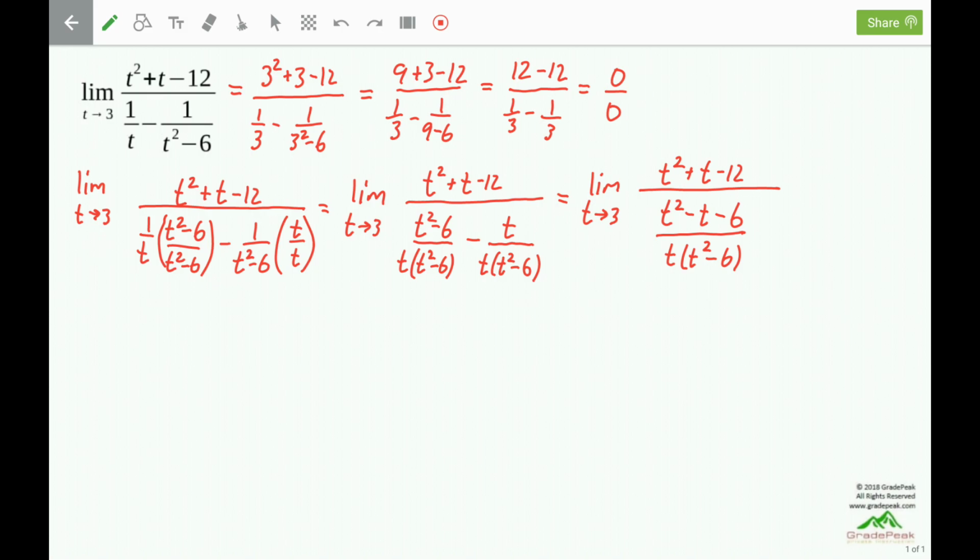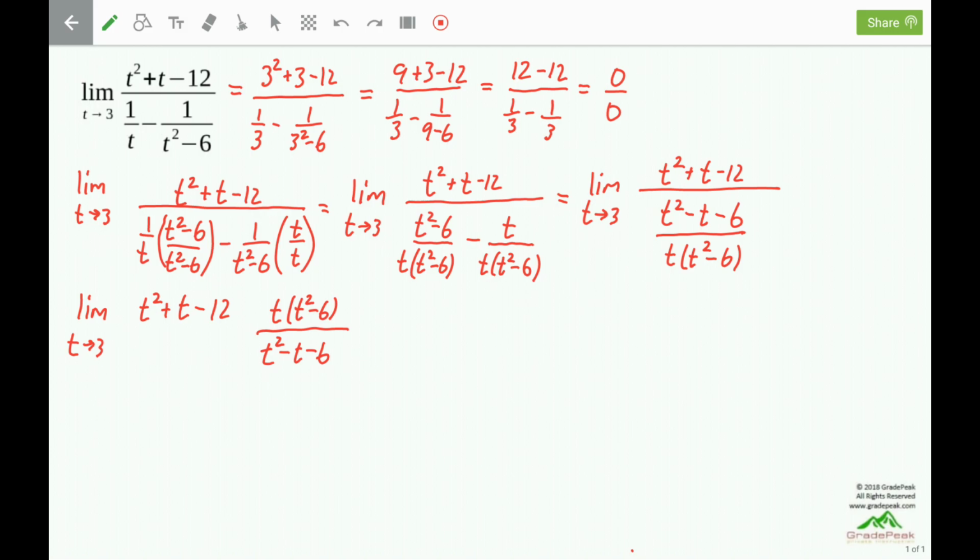The next step in a common denominator type of problem is to take the denominator fraction and reciprocate and multiply with the numerator. The numerator is t squared plus t minus 12. We will reciprocate the denominator, which will give us t times t squared minus 6 over t squared minus t minus 6.